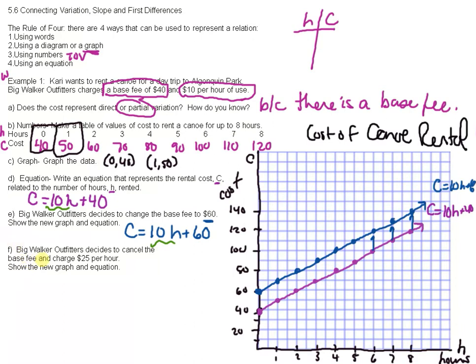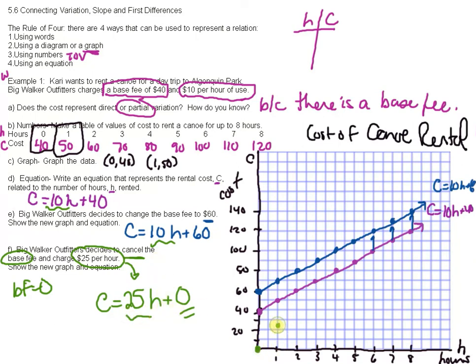Now, F, Big Walker Outfitters decides to cancel the base fee. So now the base fee is 0. So C equals something H plus 0. Now what they're going to do is just charge 25 bucks an hour. So what does this do? This actually changes our slope to 25. Okay, so if we were to plot this, again, plot the C-intercept first, which is 0, 0. And now just pattern by 25.